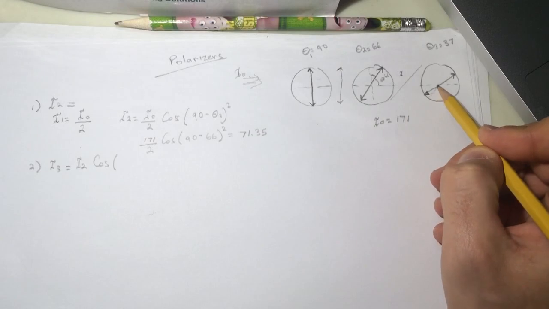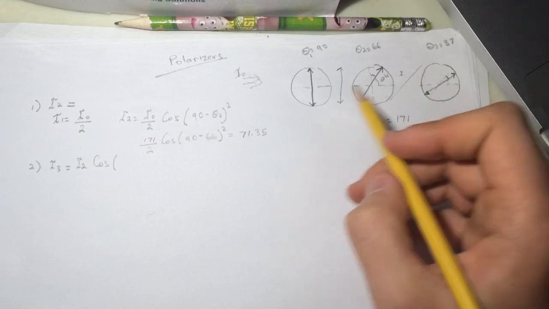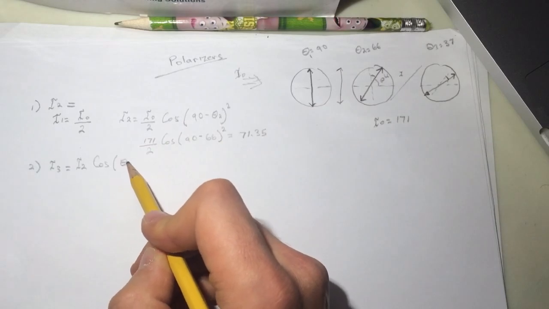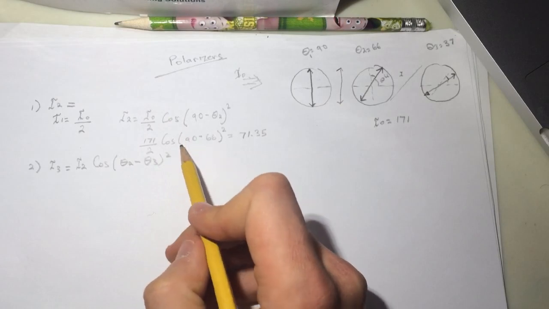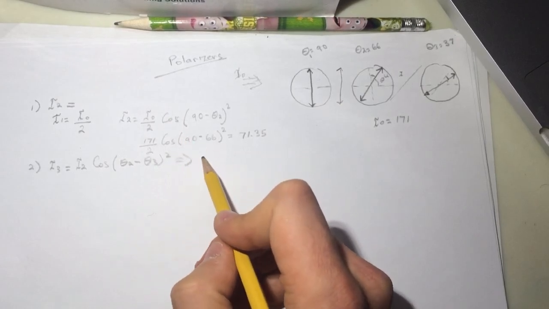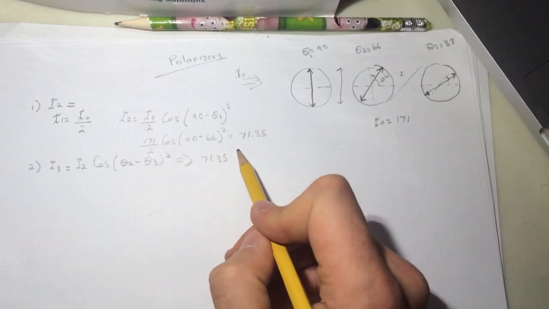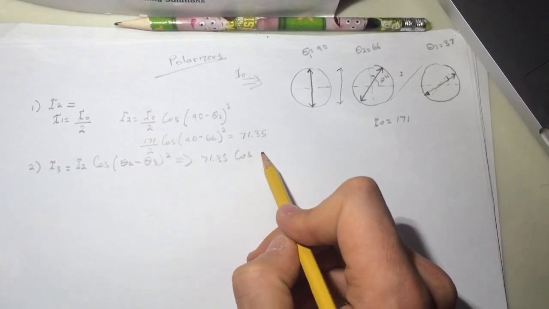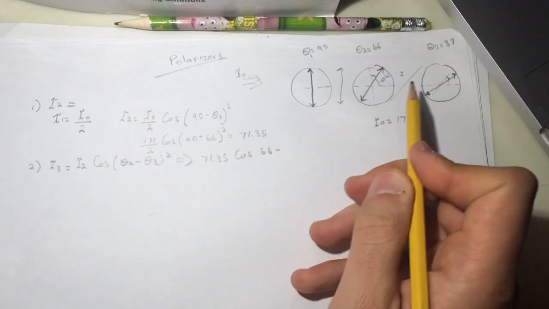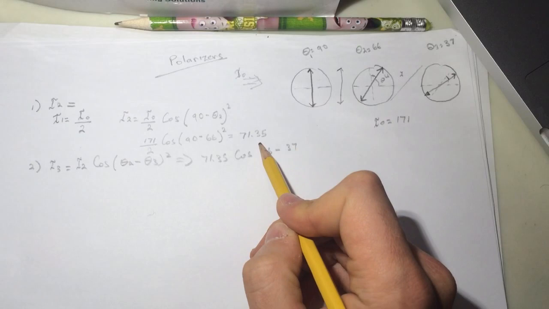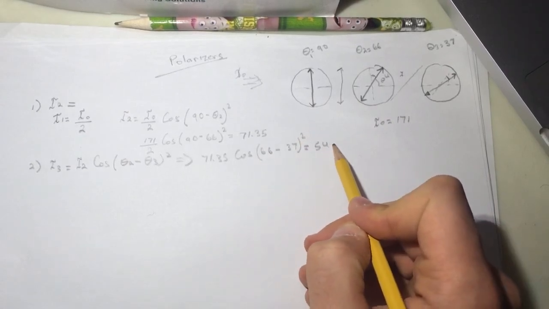If we draw this here, this is the angle, so it's theta 2 minus theta 3, which is 66 minus 37, squared. Plugging in, I2 is the one we got, 35, times cosine of 66 minus 37 squared, and for this I got 54.57.